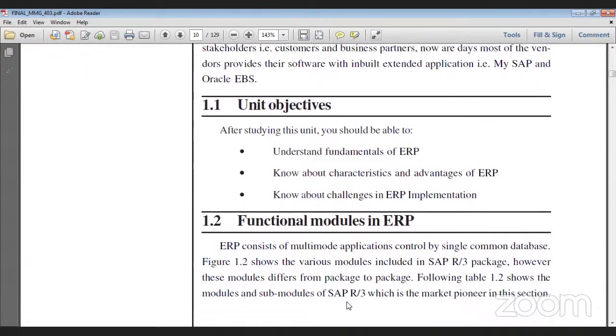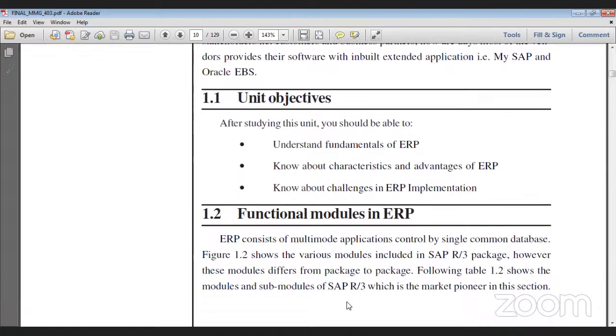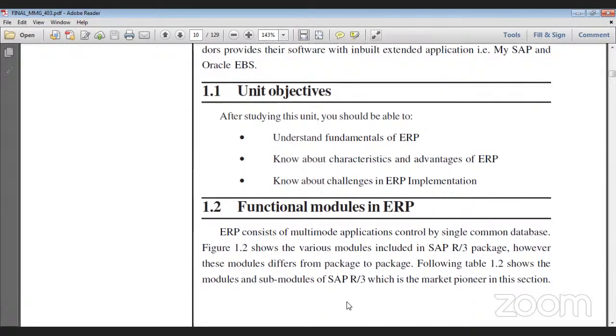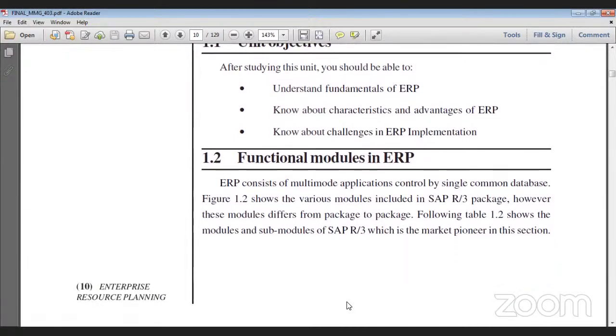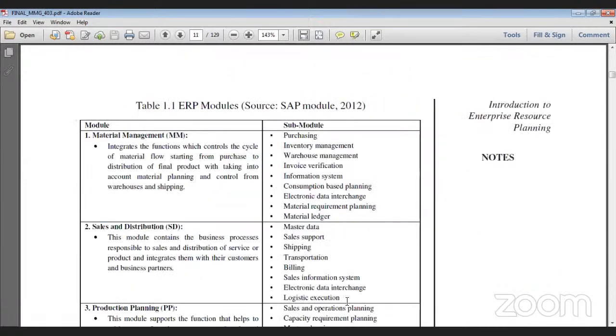There are functional modules in ERP, consisting of multi-module applications controlled by a single common database. Figure 1 shows the modules and sub-modules of SAP. Table 1 shows ERP modules and sources, SAP model 2012.